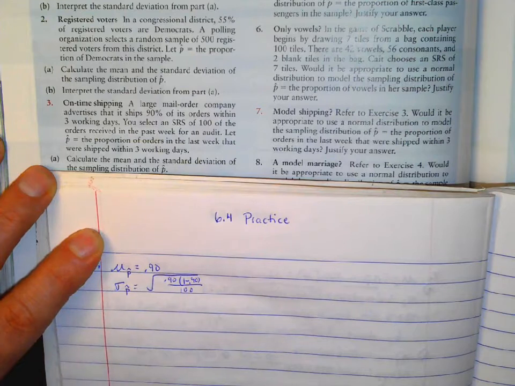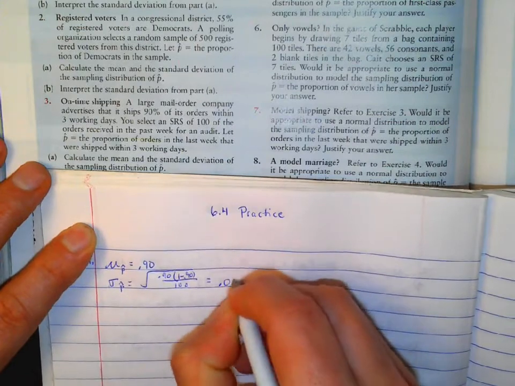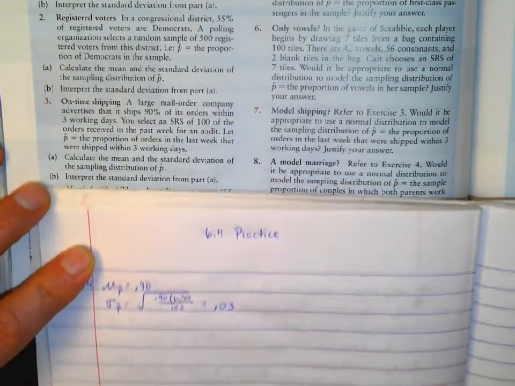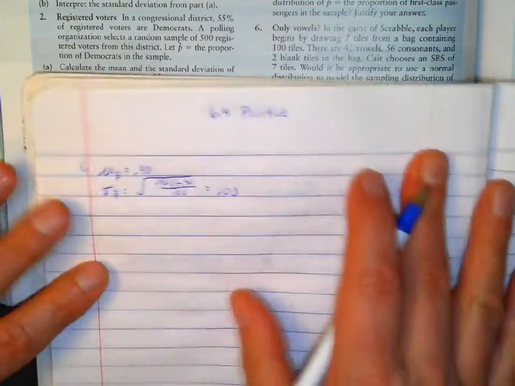I have a standard deviation of 0.03. Part B says to interpret what that standard deviation means.